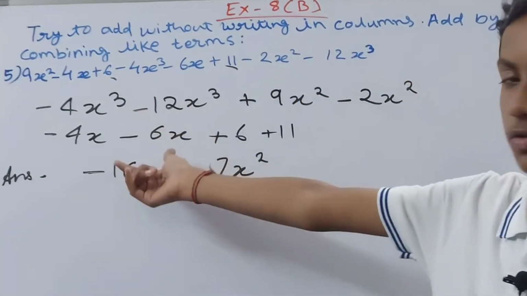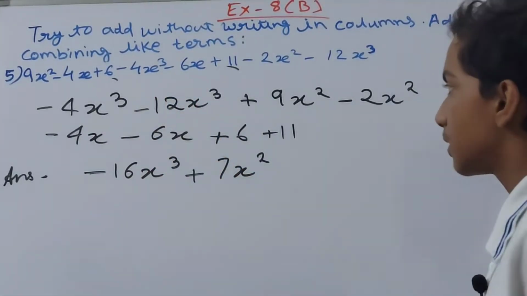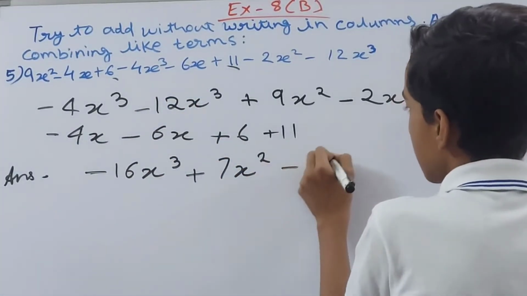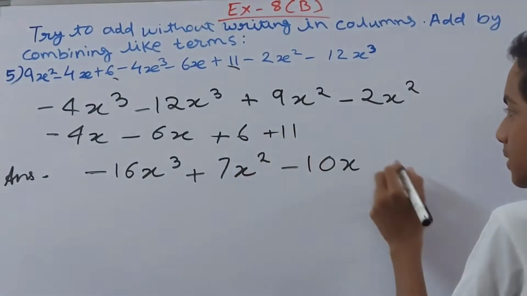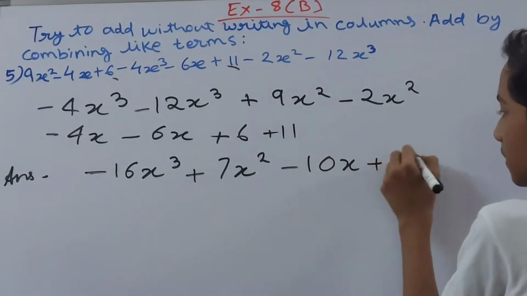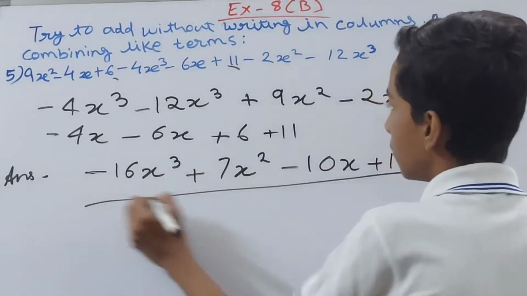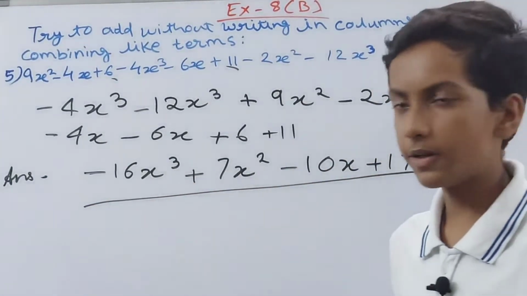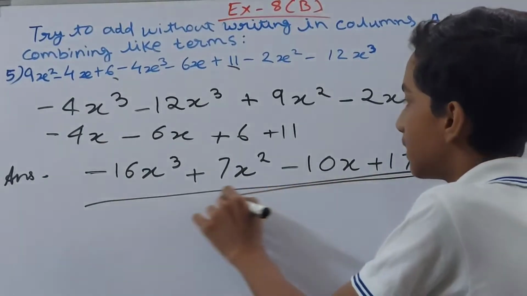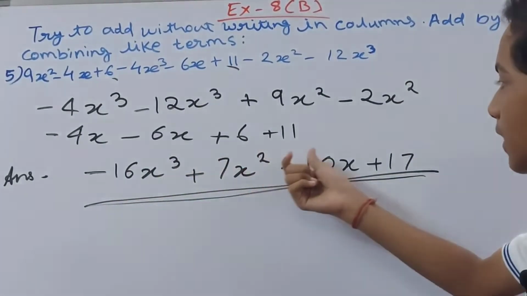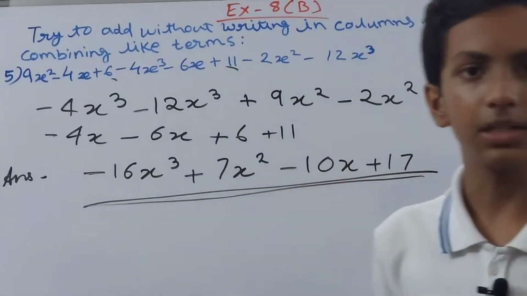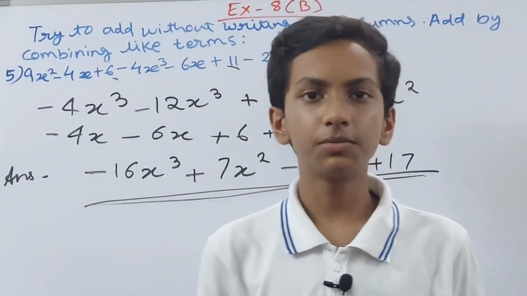Then minus 4x minus 6x will be minus 10x, and plus 6 plus 11 will be plus 17. You just simply have to solve them according to their signs. It is very easy. So our final answer is minus 16x cube plus 7x square minus 10x plus 17. Let us move on to the next question.